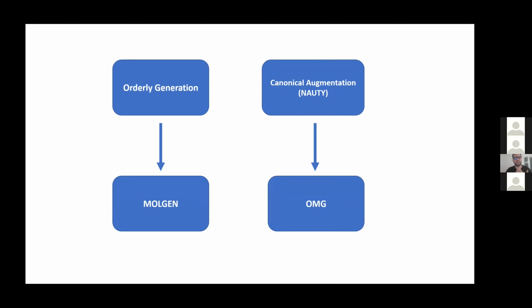But actually, OMG is not a fast, efficient software, although NAUTY is the fastest graph algorithm tool. The problem is the lack of good applications of NAUTY during molecular structure generation. So I'm not comparing MAYGEN against OMG, but just giving two examples for orderly generation and canonical augmentation.